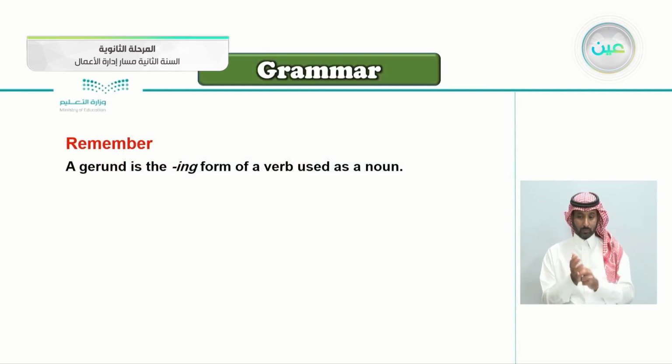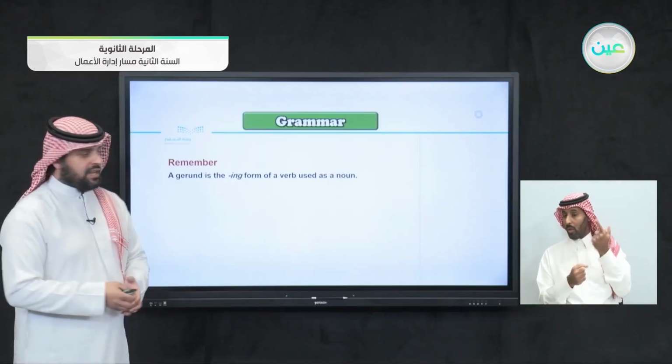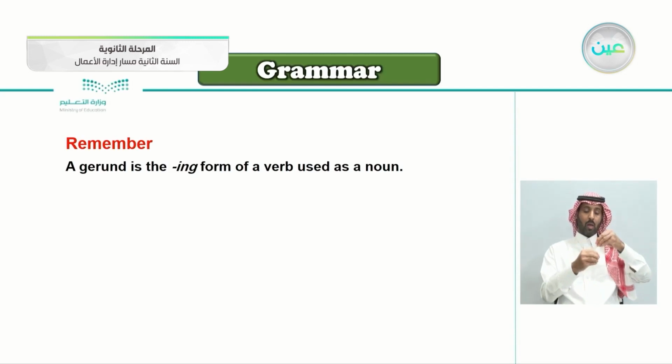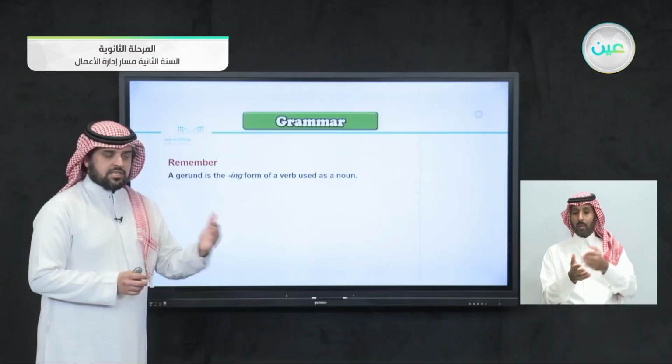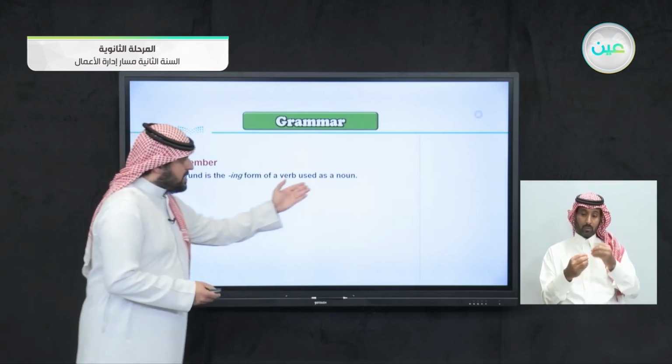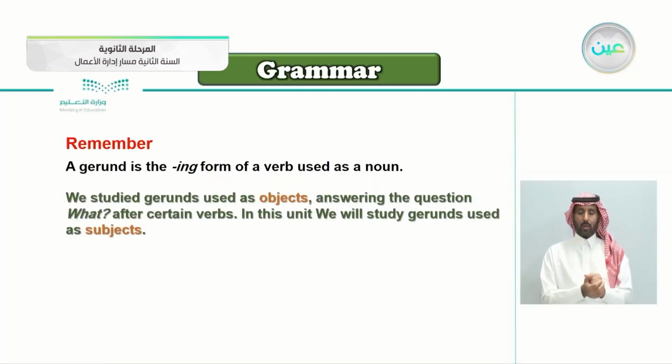Remember, a gerund is the ing form of a verb used as a noun. You have to remember this. What is a gerund? A gerund is the ing form of the verb, going, sleeping, and so on, but it's used as a noun.